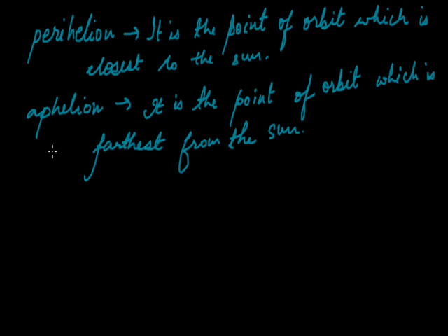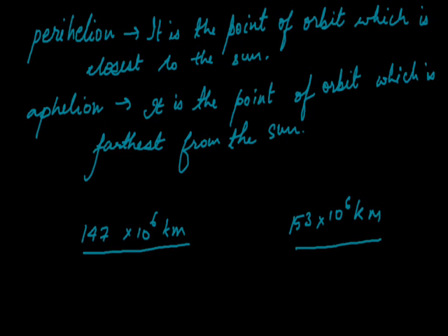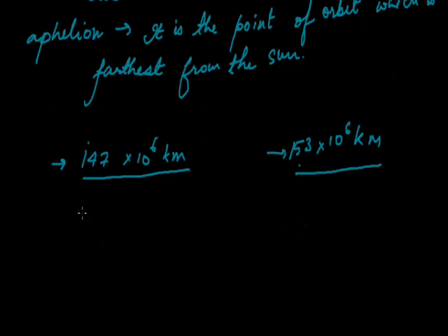But for Earth, perihelion and aphelion have a very small difference. 147 million kilometers is Earth's perihelion, while 153 million kilometers is Earth's aphelion. So we say at the aphelion the Earth is farthest from the sun, and at perihelion the Earth is closest to the sun.